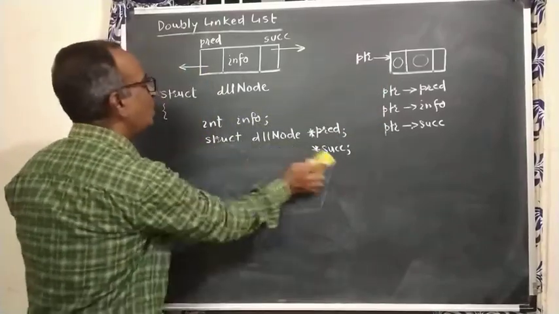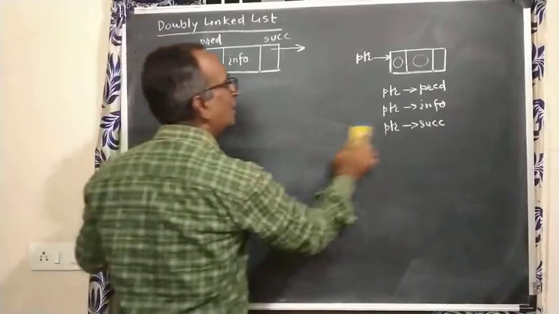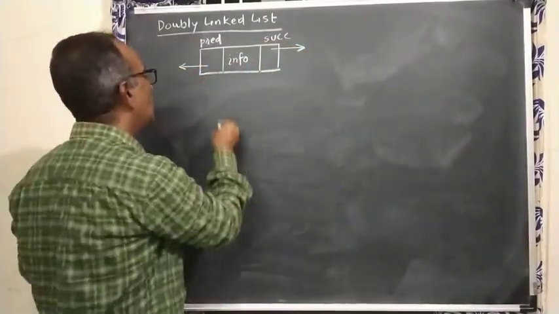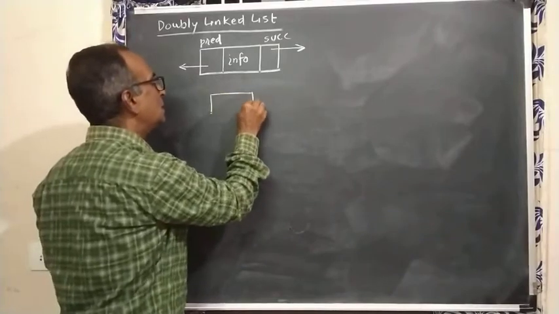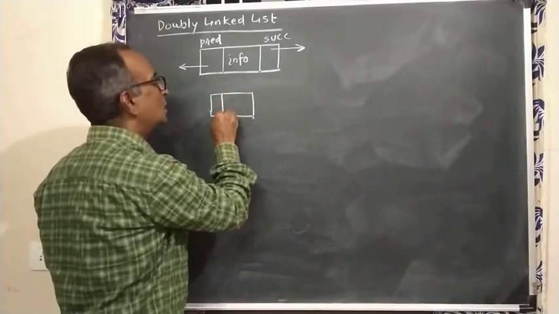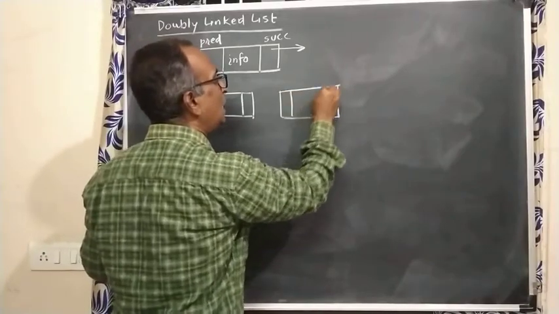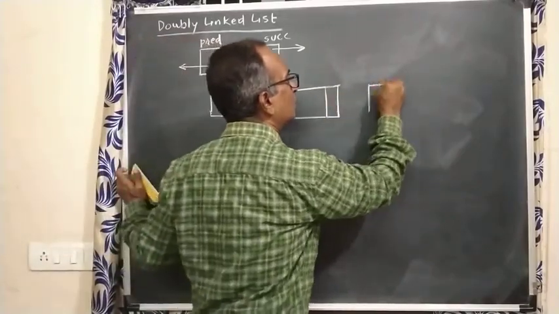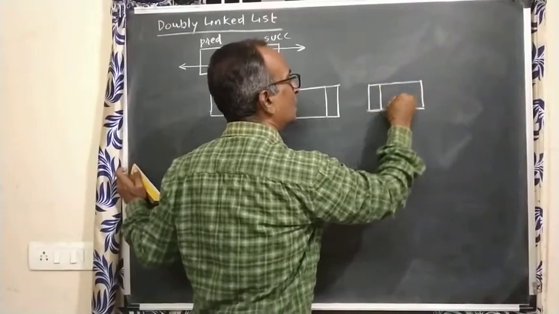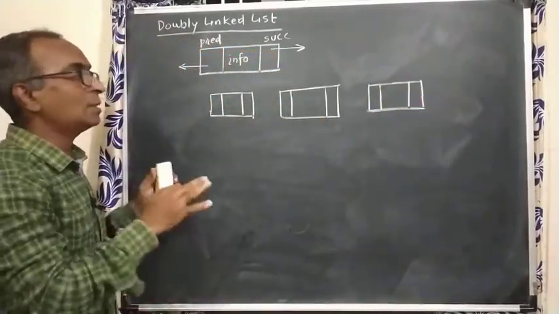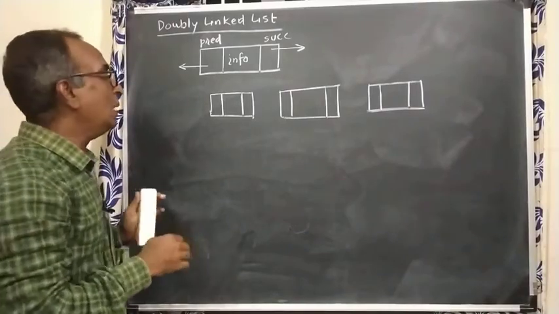Now just pictorially I'll represent one doubly linked list so that there will be clarity in understanding what a doubly linked list is. Suppose I have some 3 nodes in a doubly linked list. Now how you can understand this doubly linked list pictorially.